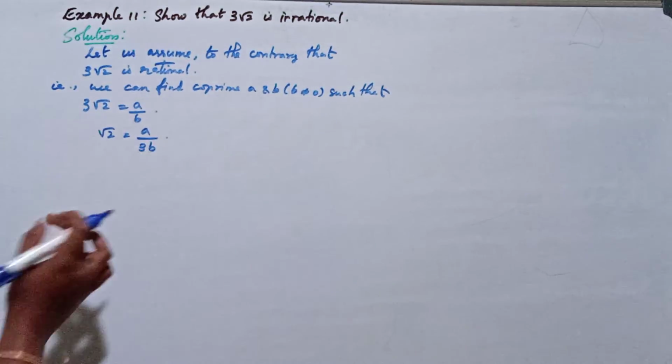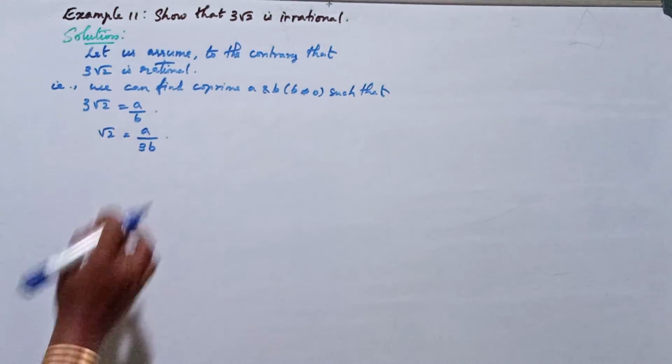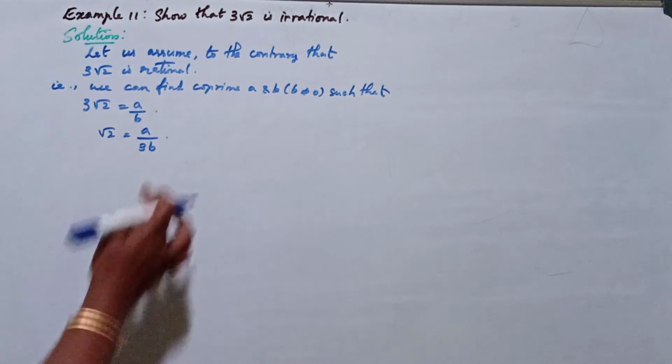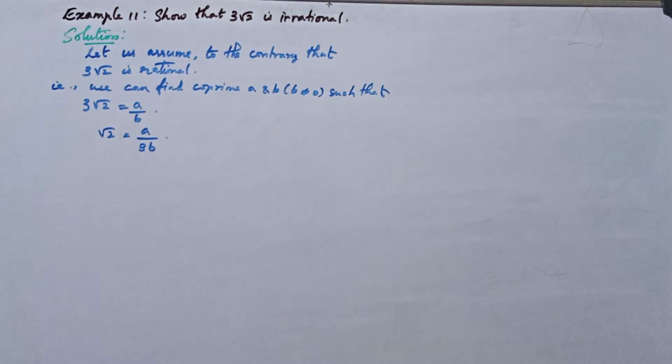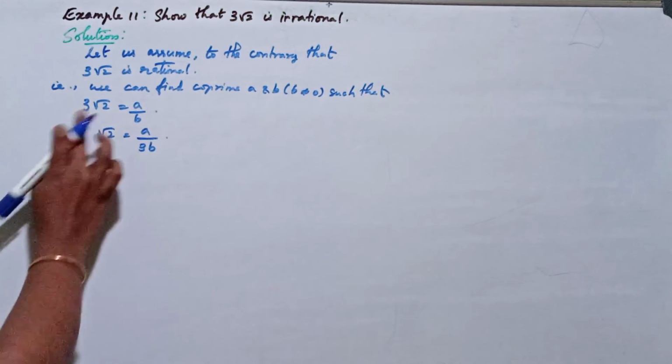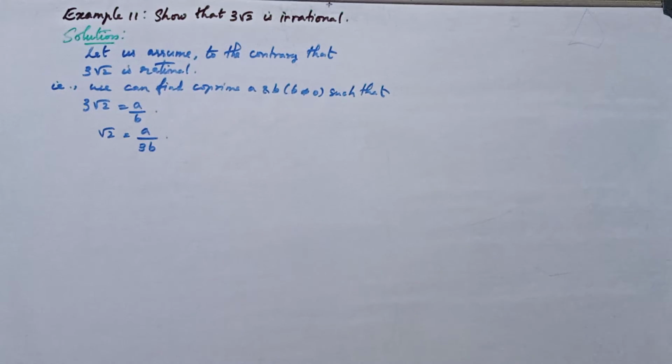Now by seeing this, you know a is an integer, b is an integer, 3 is also an integer. From that you can say a by 3b is a rational number. If this is a rational number, that is equal to square root of 2, so this is also a rational number. But is that true? No, that is contradicting, because we have already proved that square root of 2 is an irrational number.